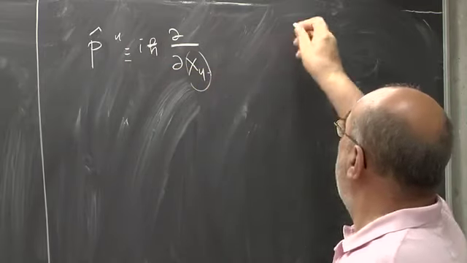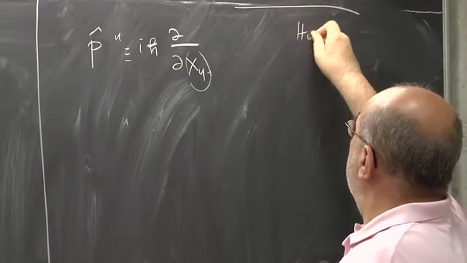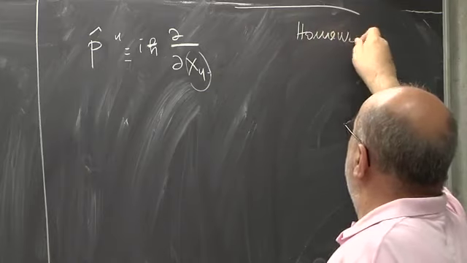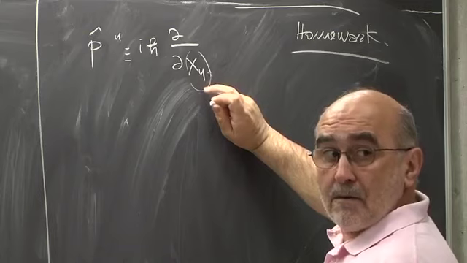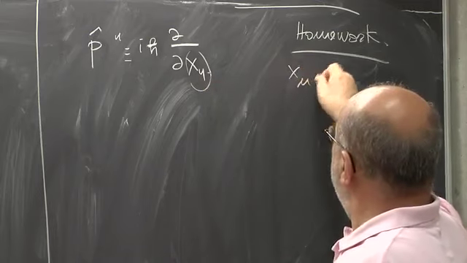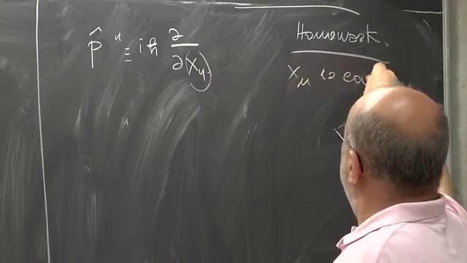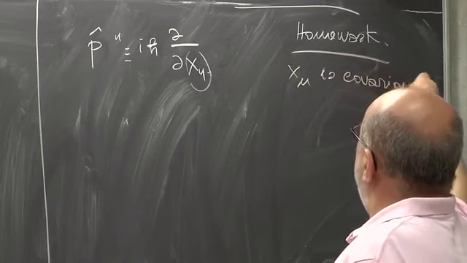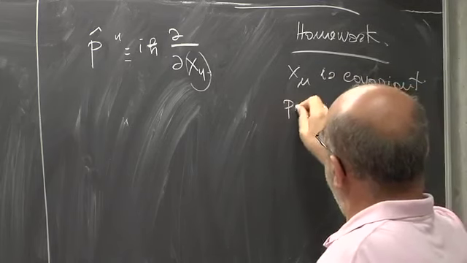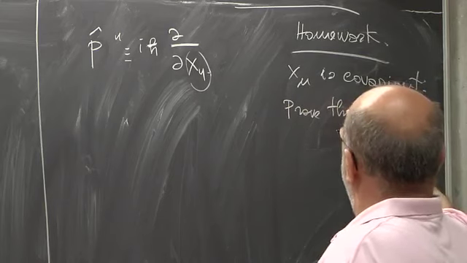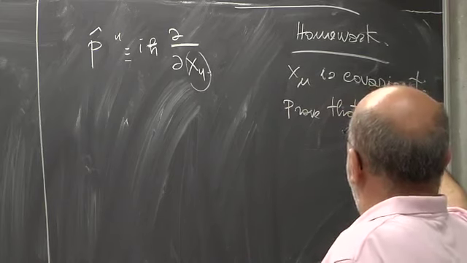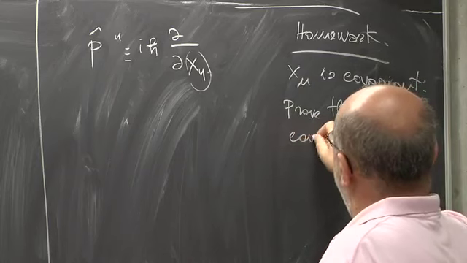Do this as homework. So I write here, homework. This has the index down, so x mu is covariant, and you know how it transforms. Prove that P mu is contravariant.